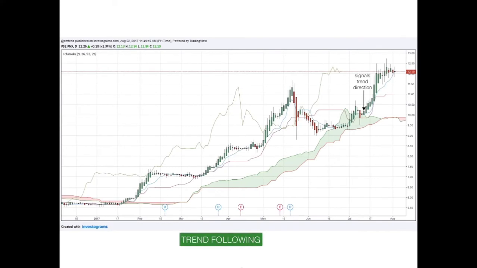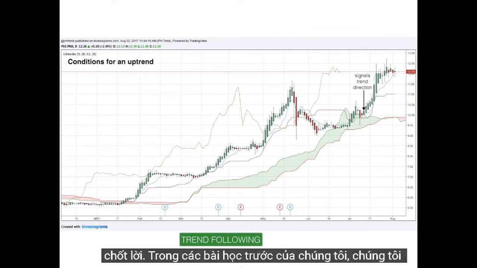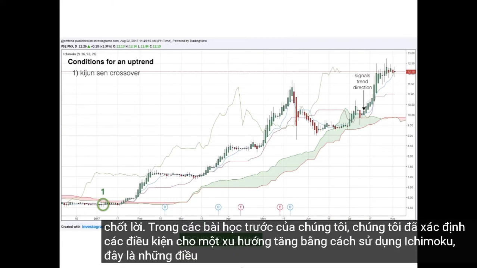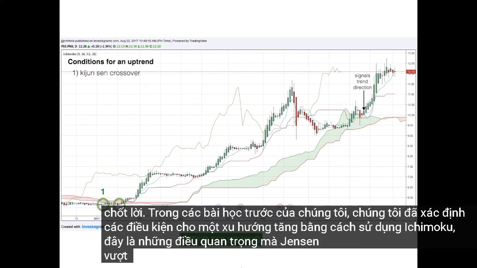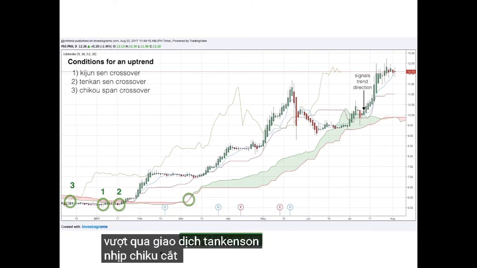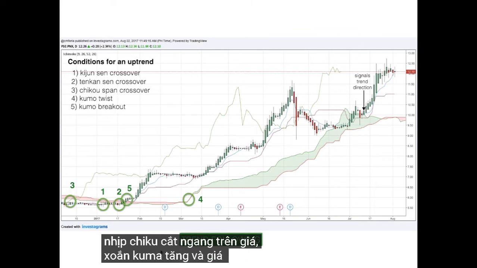In our previous lessons, we have identified the conditions for an uptrend using Ichimoku. These are the Kijun-sen crossover, the Tenkan-sen crossover, the Chikou span crossover above prices, the bullish Kumo twist, and the price breakout above the Kumo.